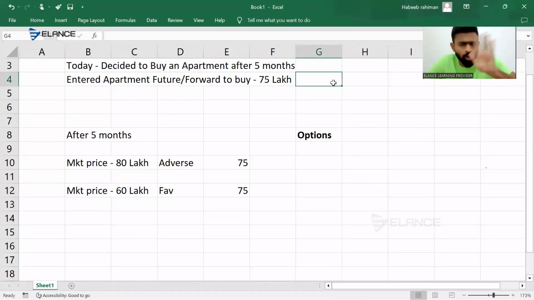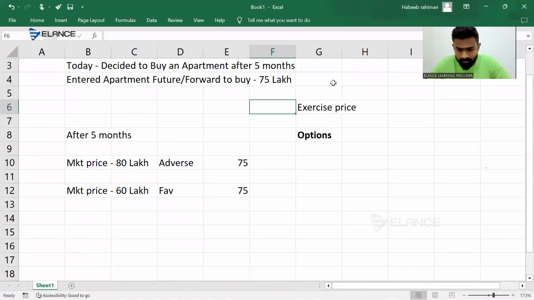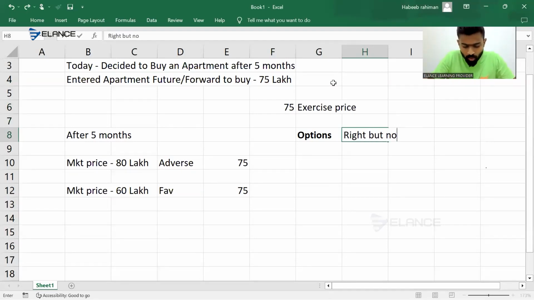The 75 lakh is not a locked rate. It's said to be the exercise price. That means if you are fulfilling the contract, you can buy at 75. Is it compulsory? No, you have the option. So options are a right, but not an obligation.